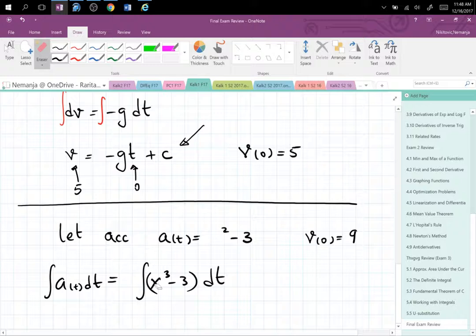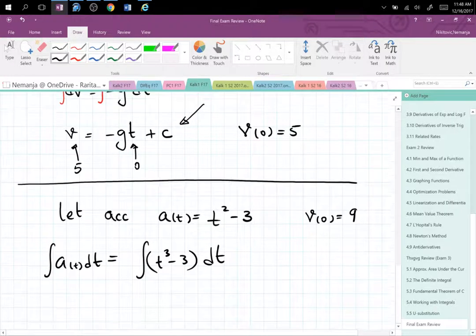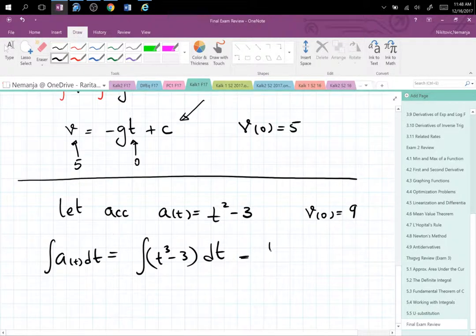I was supposed to say t squared minus 3, not x. There we go, much better. So you integrate this, and you get t to the 4 over 4 minus 3t plus c. Right, this is what you get.